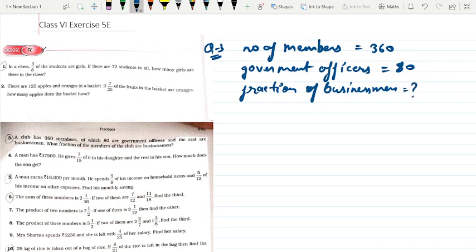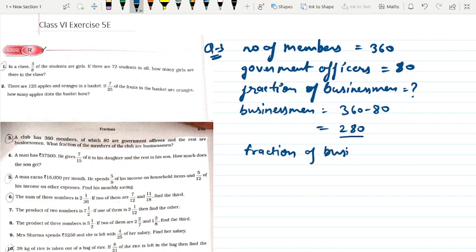So first of all, let's find out the businessmen. If from the 360 members 80 are government officers, then the number of businessmen will be 360 minus 80. How much? 280. 280 are businessmen there. Then we need to find out the fraction of businessmen.